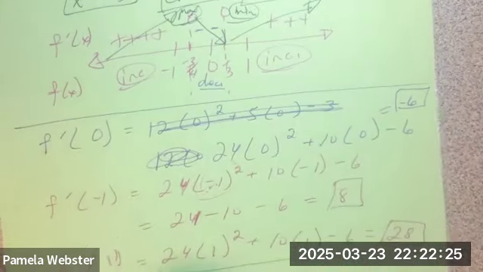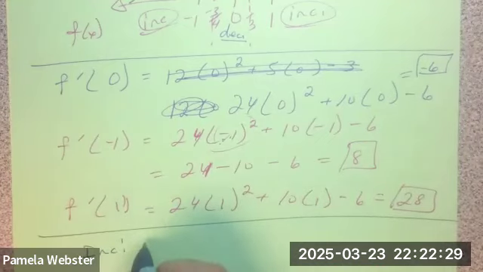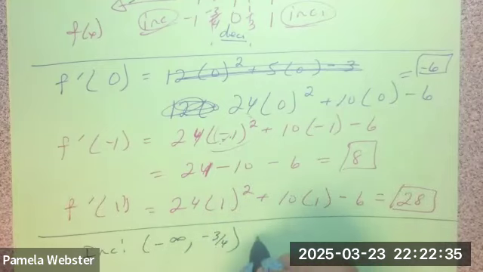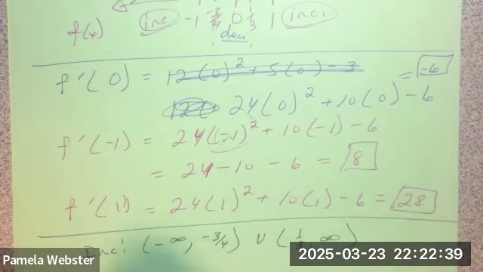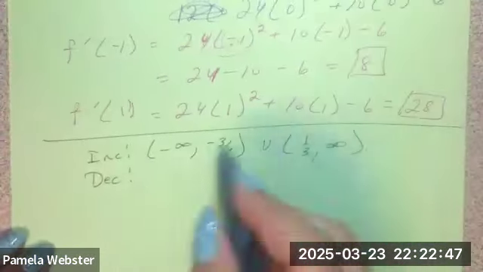And so I'm going to give all that information right here. So intervals of increase are happening from negative infinity up to negative 3/4 or 1/3 up to infinity. Intervals of decrease are in here and beside those two, right?